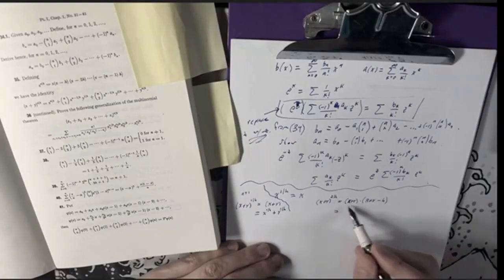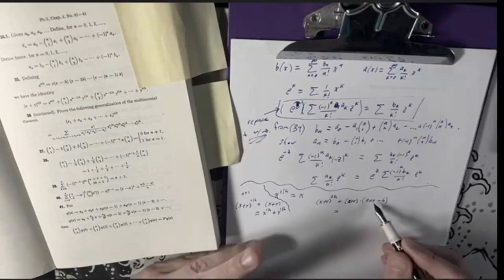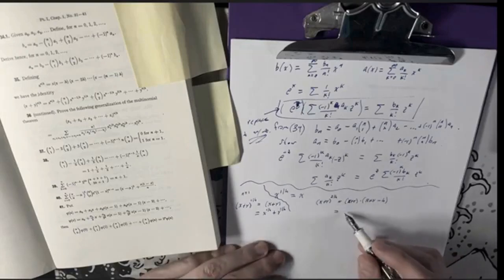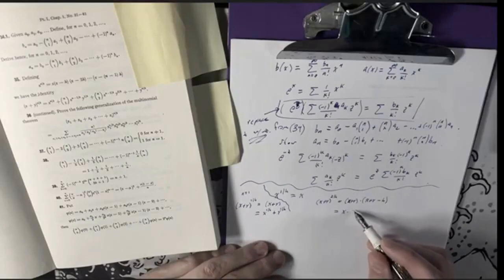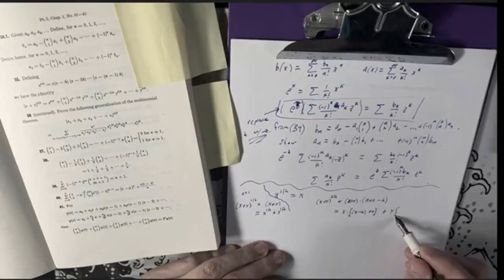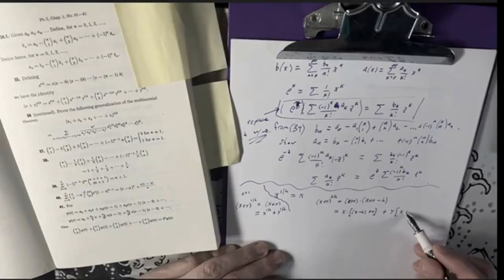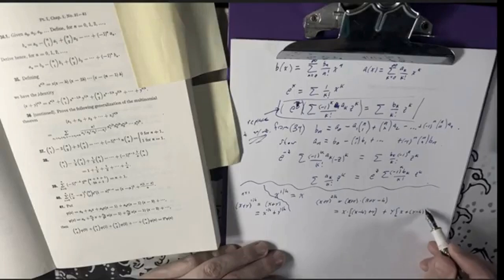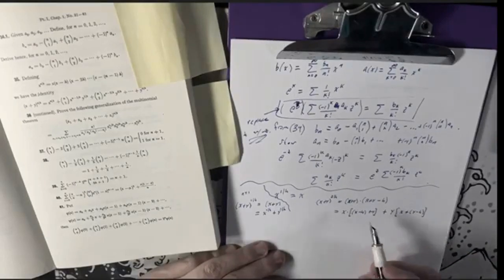So one time this hits against x, and it's probably going to be convenient for me to take x minus h, right? So one thing you get is x times x minus h plus y, and then the other one you get is y times that. You get both of those terms.